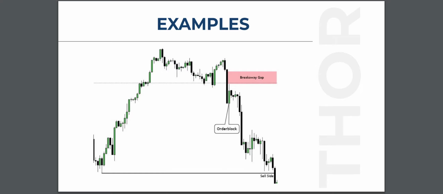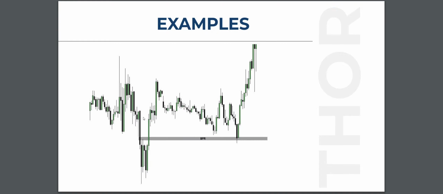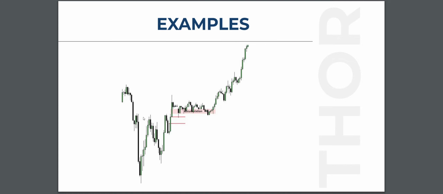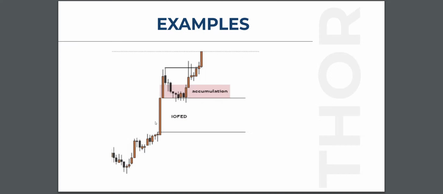Does your bread and butter setup include breaker blocks and IFED? Not necessarily. It's usually the expansion leg. In expansion legs, if it's not a reversal, in this case it's a continuation, and it doesn't require a breaker block here.